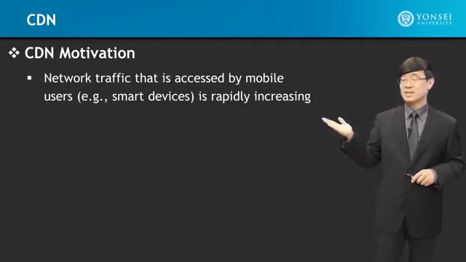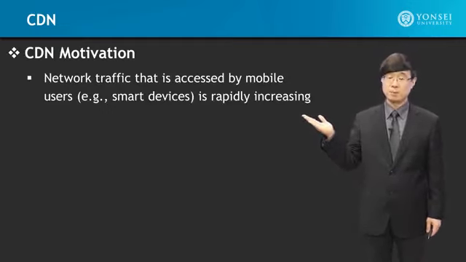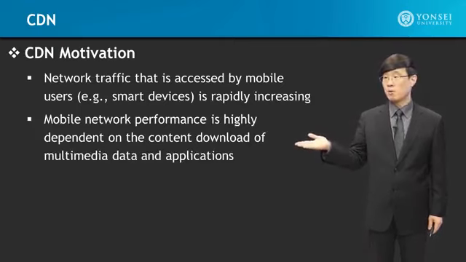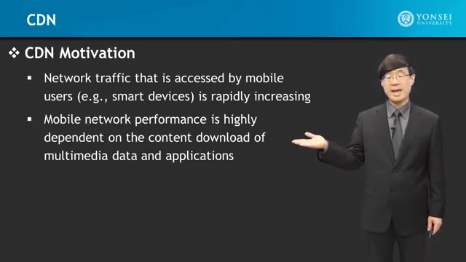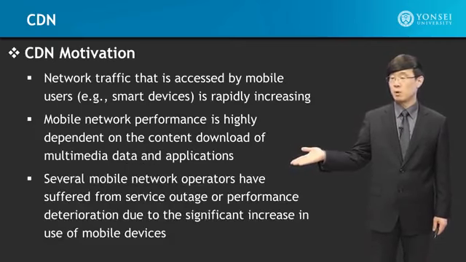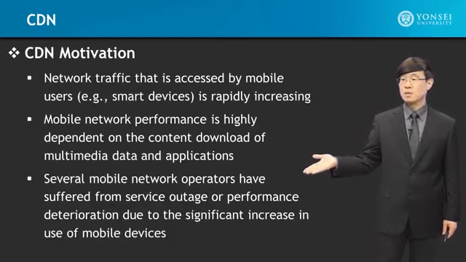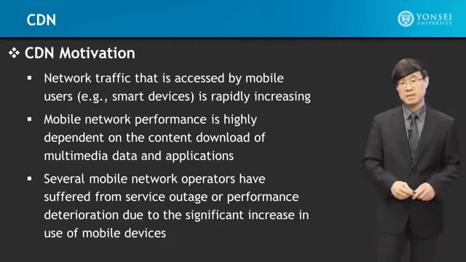The network traffic that is accessed by mobile users, smart devices, is rapidly increasing. Mobile network performance is highly dependent on the content download of the multimedia data and applications. In addition, several mobile network operators have suffered from service outage or performance deterioration due to significant increases in use of mobile devices.